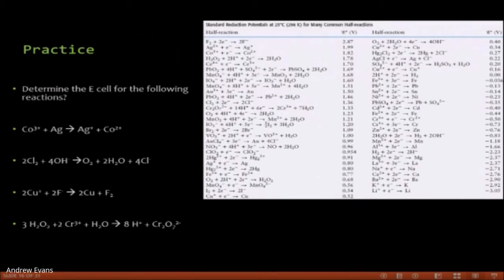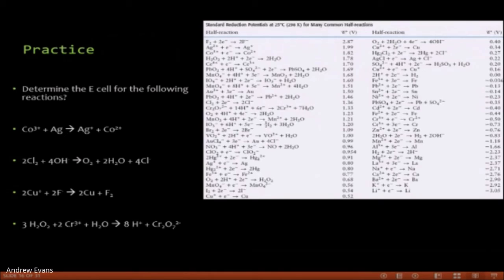Then we have chlorine and hydroxide going to oxygen and water and 4 Cl minus. We have, let's see, 2 copper plus 1.